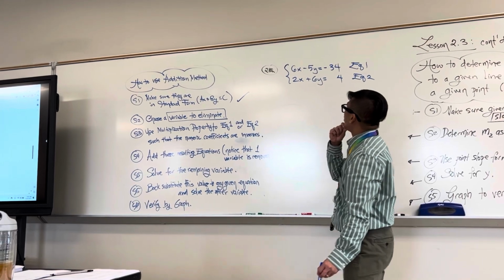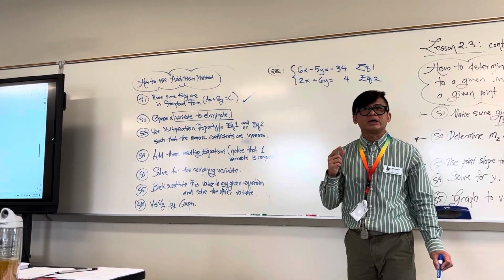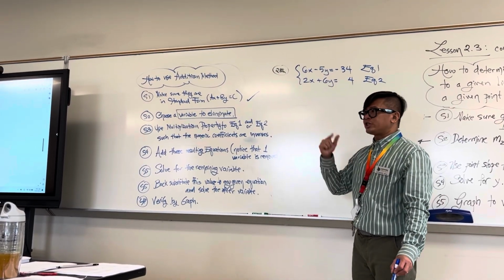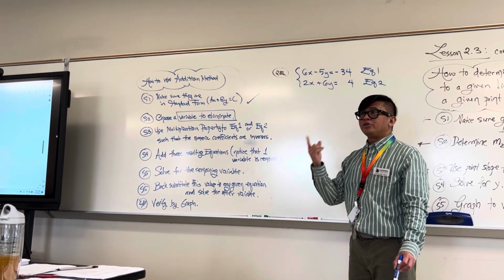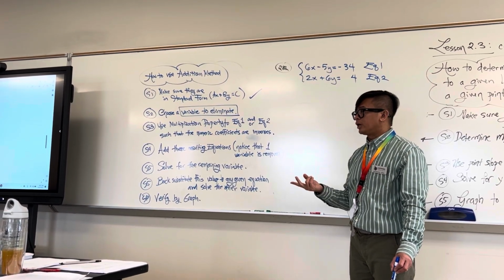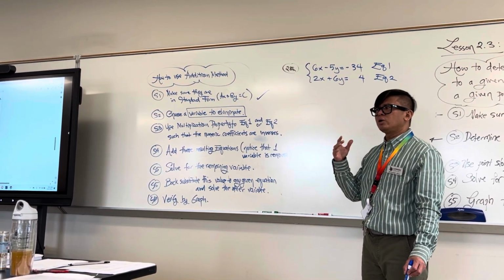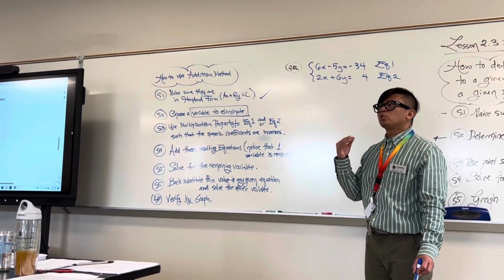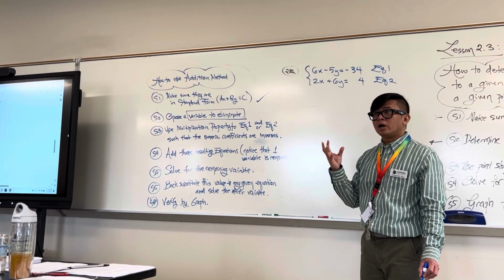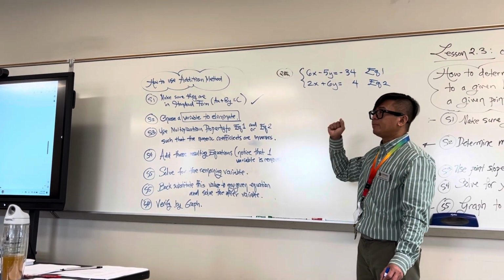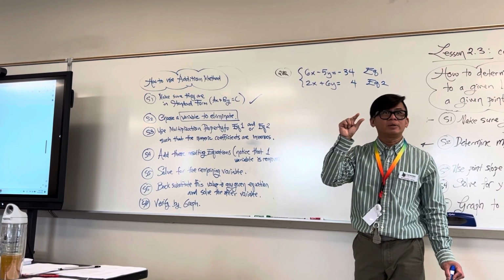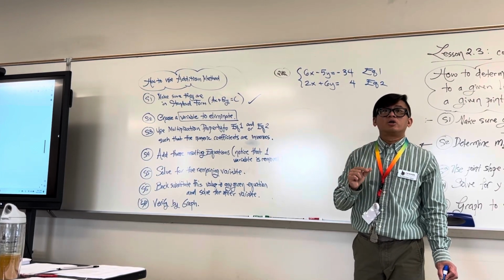If I were you, I would want to remove something where the numerical coefficients of the variable are just a double, a triple, a quadruple. If they're not of that proportion, we might not want to focus on that one. Eliminate the one that has an easier ratio.